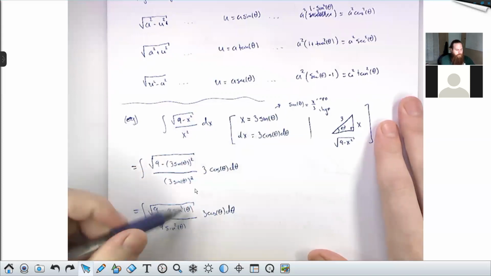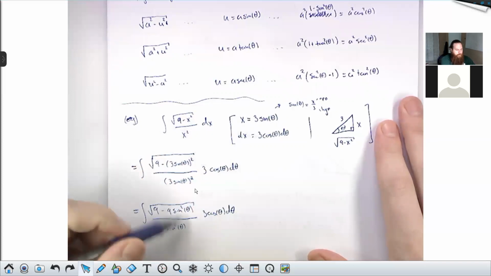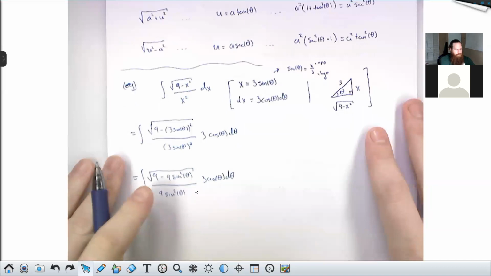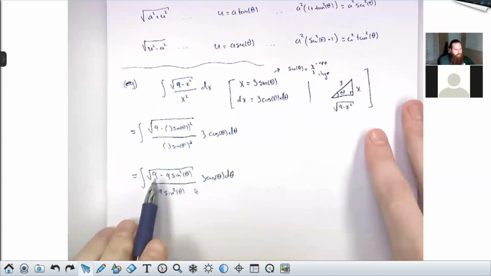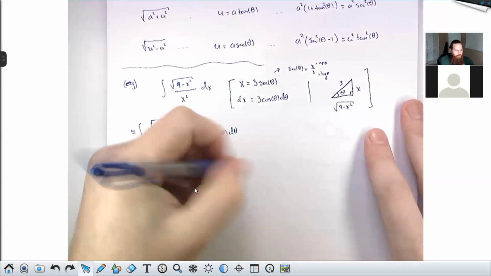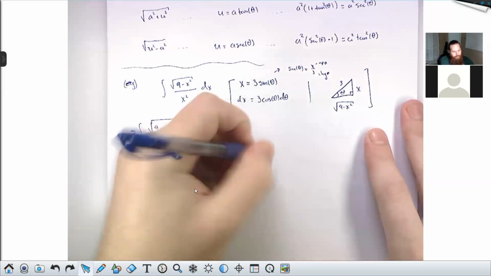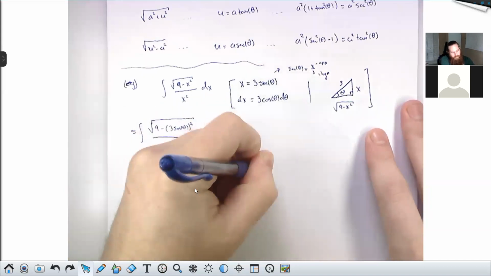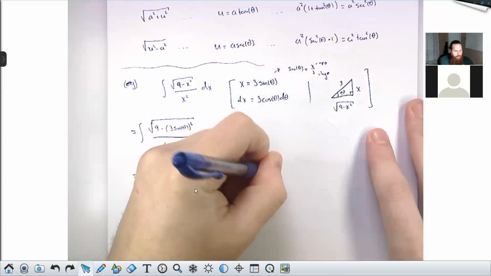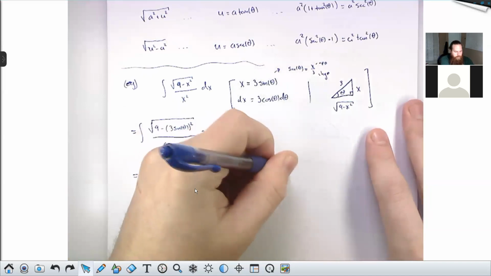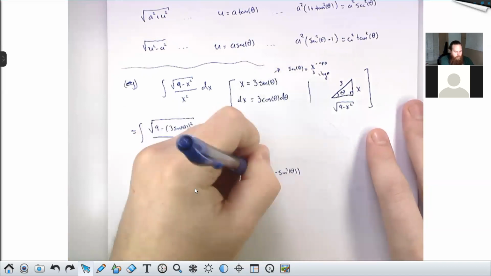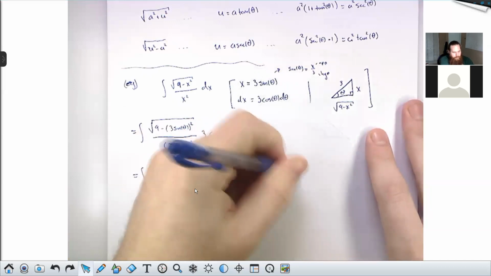First off, the stuff upstairs is under a square root. Second off, this is not a factor of the numerator. So no cancellation here, but this square root will simplify nicely. I factor a 9, and then I have 1 minus sine squared theta under my square root.